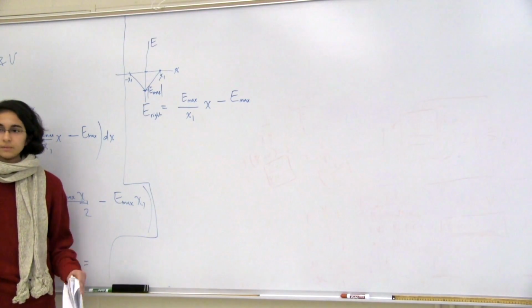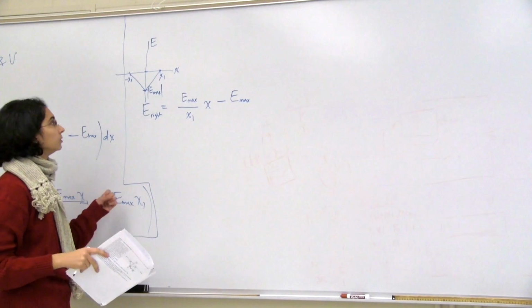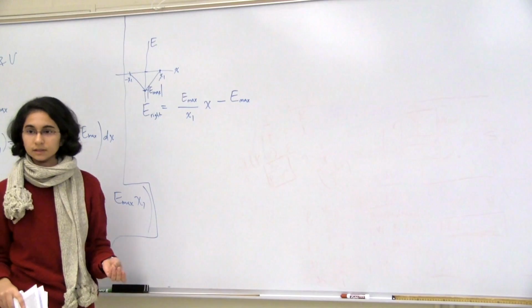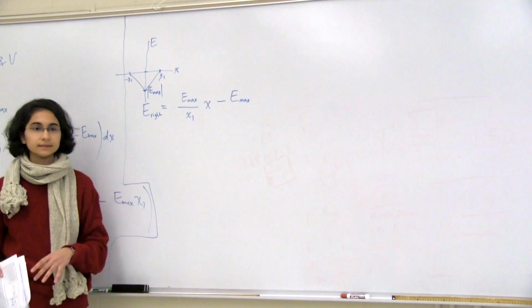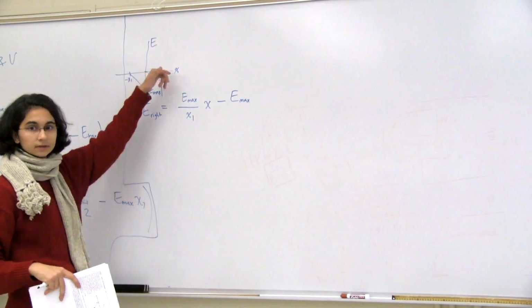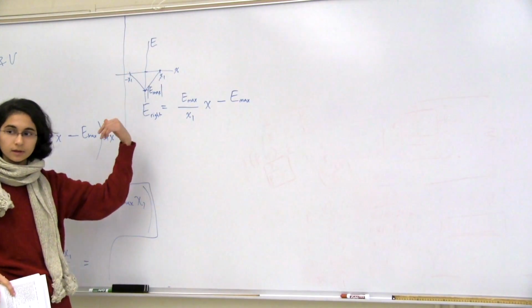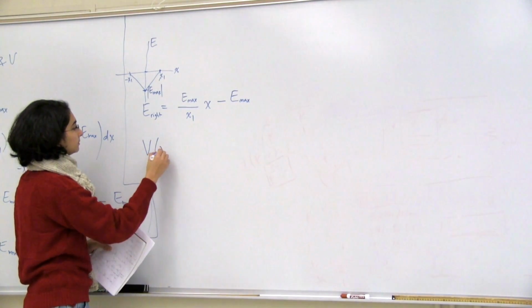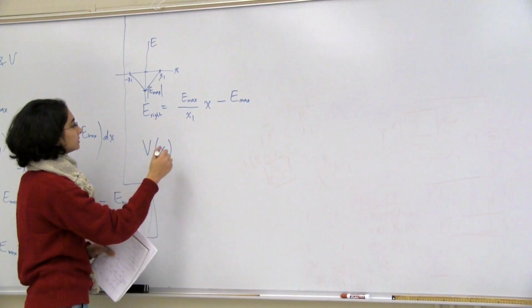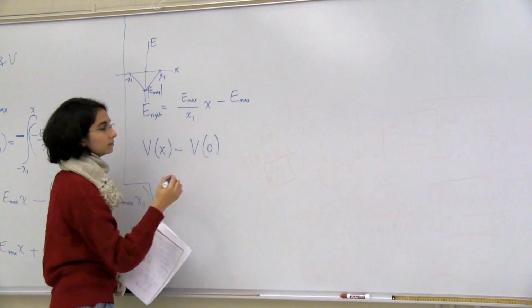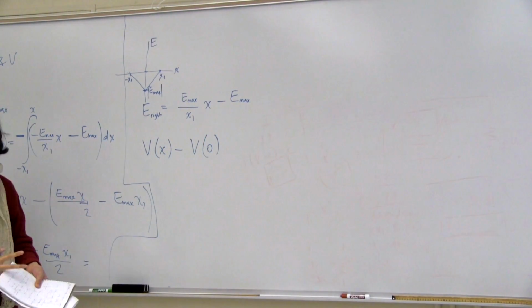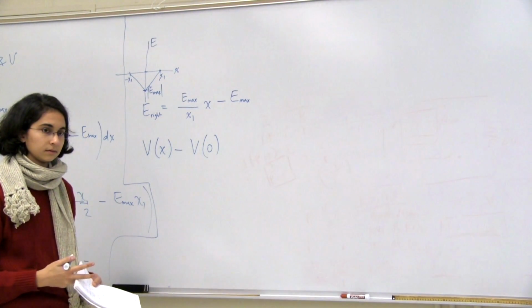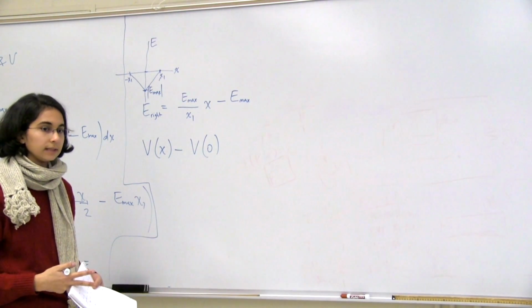When I looked at people's solutions, I think it was hard to understand that integrating this doesn't give me the expression for voltage; it gives you a potential difference between your final point and your initial point. So we'll be getting something like V of x minus V at 0. That was something that I missed on this problem, and it resulted in not adding something at the end.